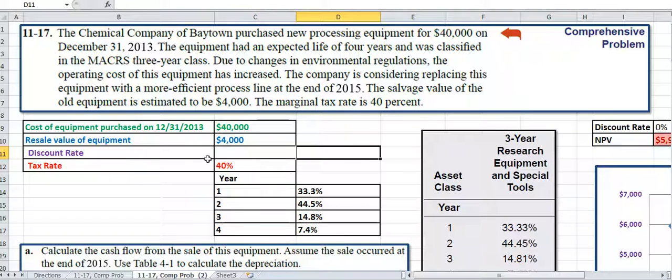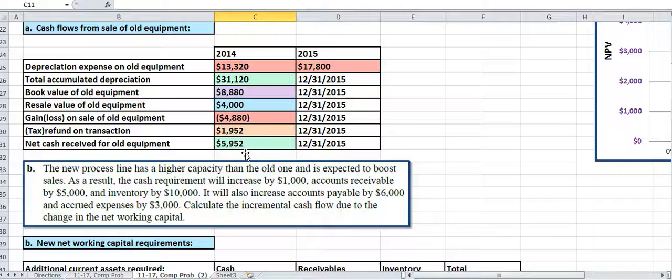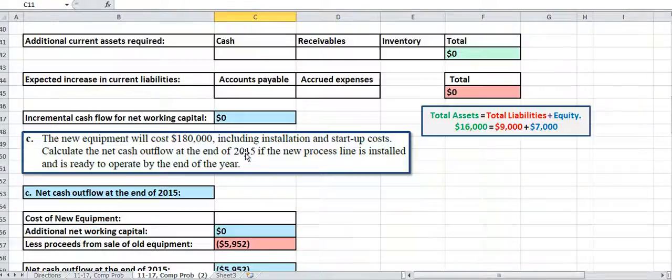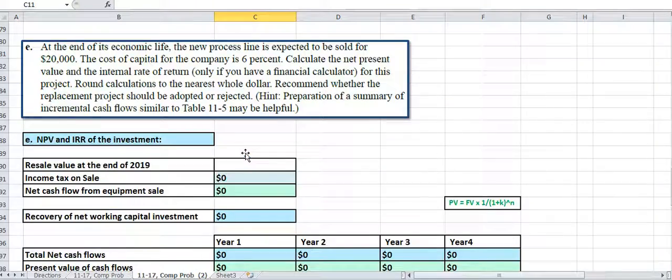Now, the discount rate that we put in here doesn't actually come into play until later, but let's just scroll down and see what it is so we can go ahead and put that in now. It's right here, okay? So the cost of capital for the company is 6%.